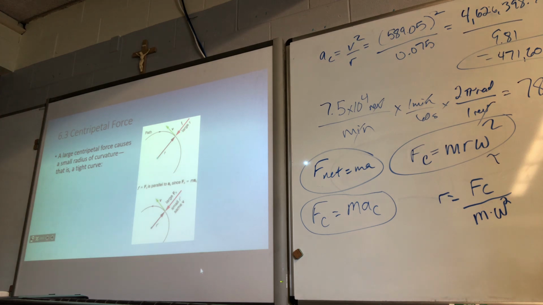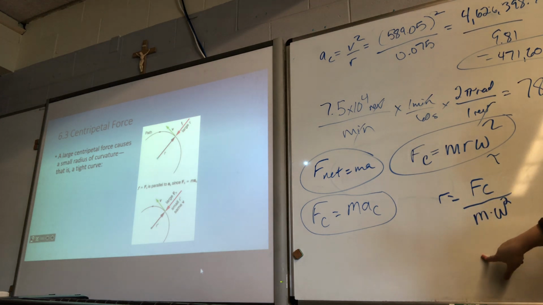The reason I wanted you to rearrange it is so you can see how radius and force are related to each other. If you have a large centripetal force, we're going to see a small radius of curvature. That is not something you can see directly, because you aren't taking into account the mass and the angular velocity.